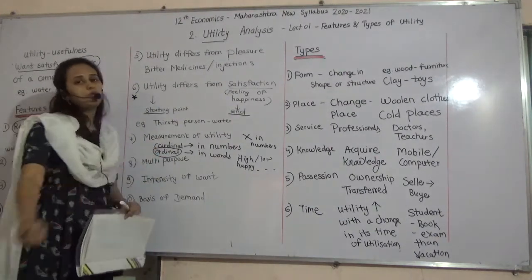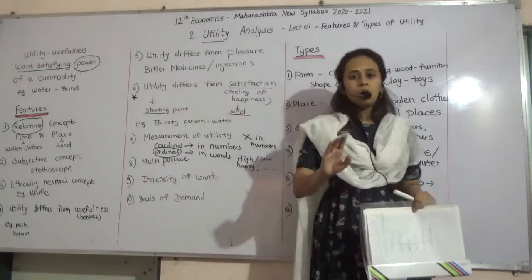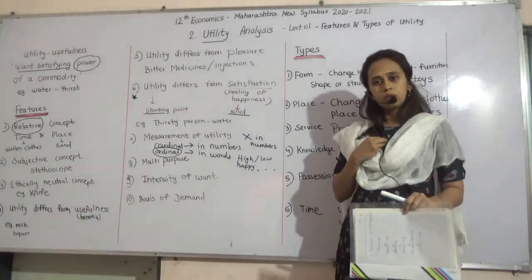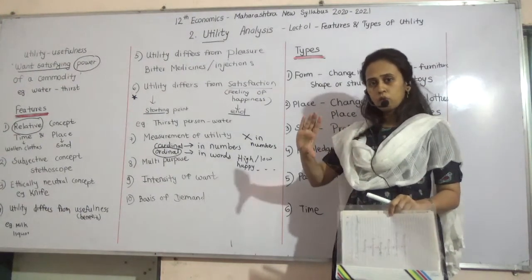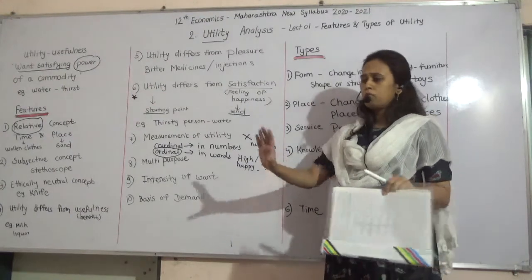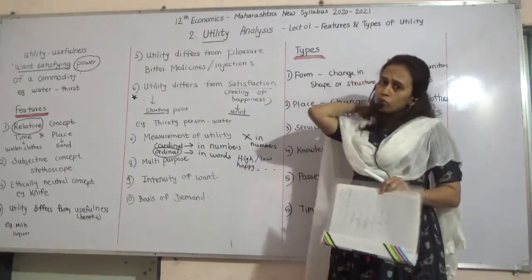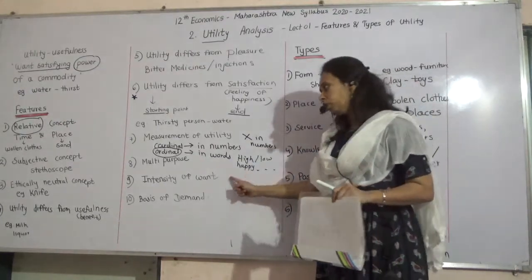Then intensity of want. Now see, intensity of want means, suppose you are thirsty, then only that glass of water gives you more utility. If you are not thirsty, water is there, or if you are hungry, food is there, but you don't want to eat, then it has no utility.